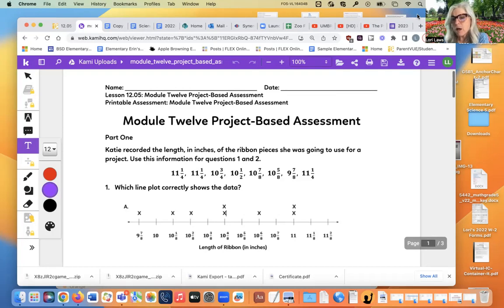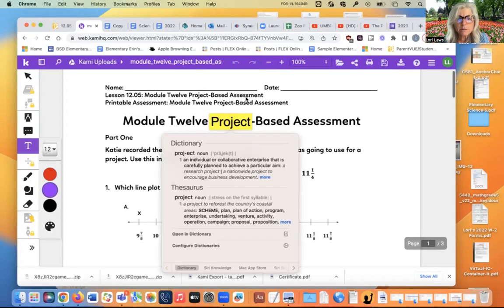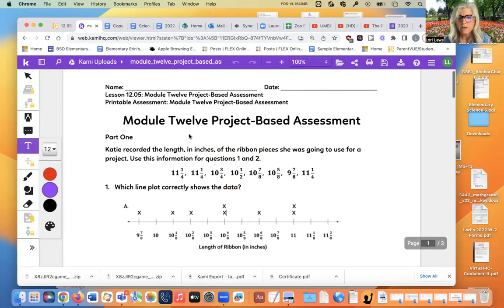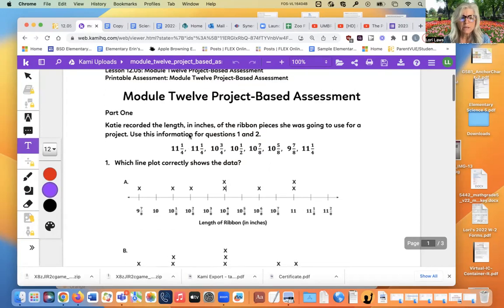If you think you'd like some help getting started, stay with me and I will help you get started, and then you can go work in your breakout room. Oops, maybe if I can get the breakout rooms made. So I'm just going to assign them automatically. And then again, I'll be in the main room in case you need help. But if anybody wants to go get started on this 1205 Mod 12 project-based assessment, you can do that now. If you want some help, stay with me.